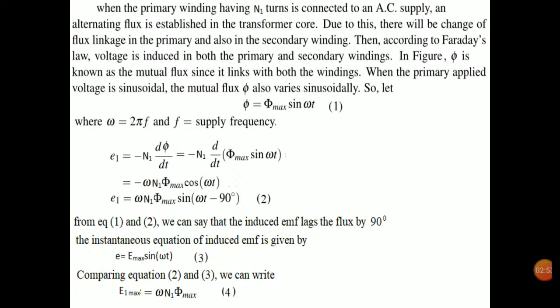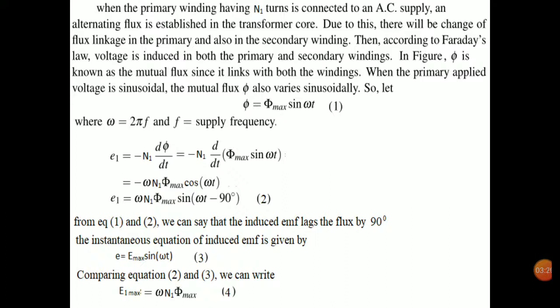Let this be equation number 2, and equation number 1 is phi is equal to phi max sin omega t. If we compare these two equations, we can conclude that the induced EMF lags the flux by 90 degrees. So the induced EMF in the primary winding lags the flux by an angle of 90 degrees.